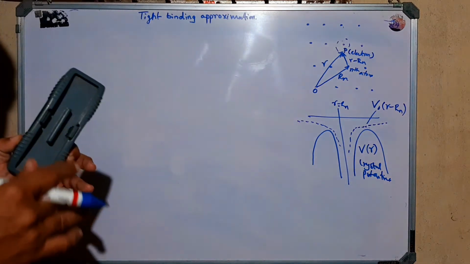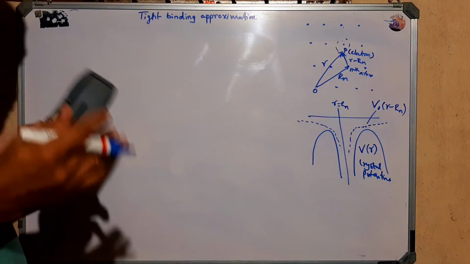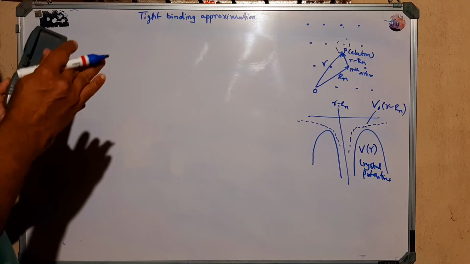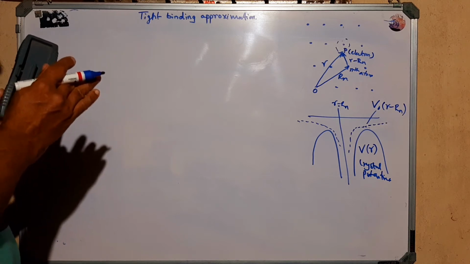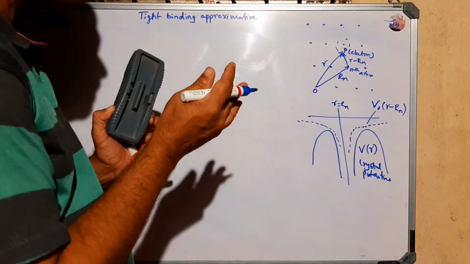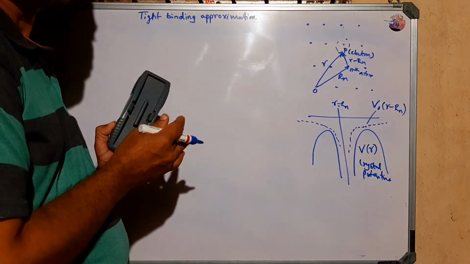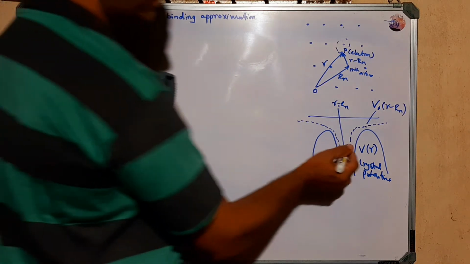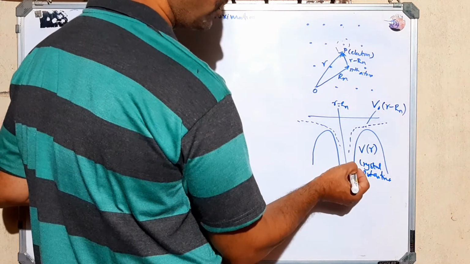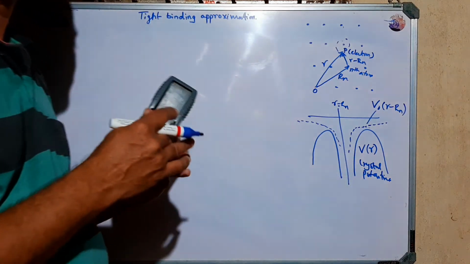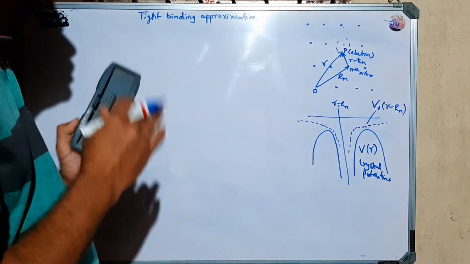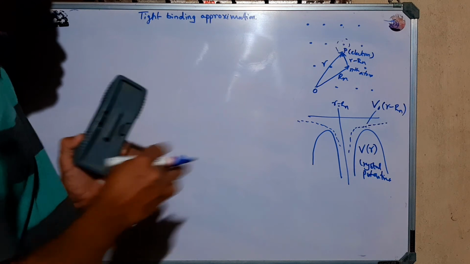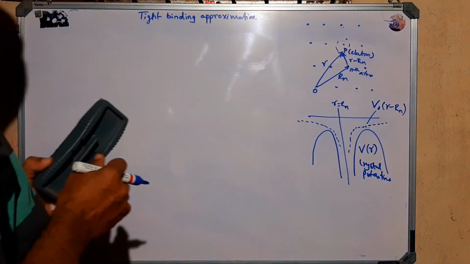When the potential is negative, it means the electrons are under more influence from the nucleus of the atom. Therefore, the potential becoming more negative means they are tightly bound to the nucleus. To represent that, we are using this.